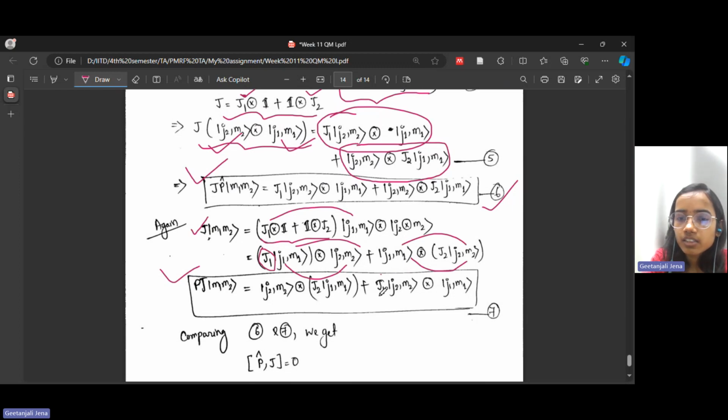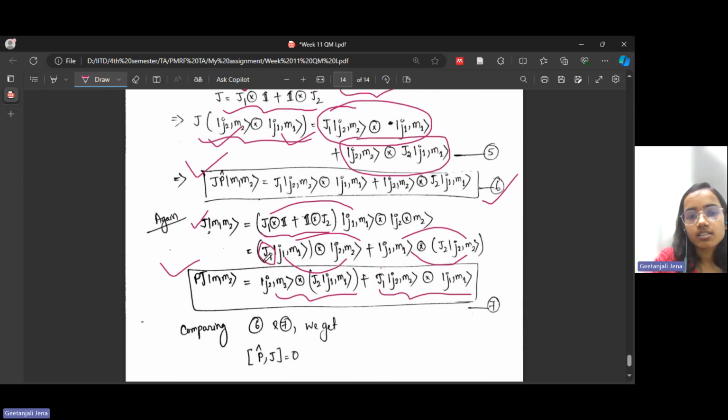So you will get J1 M1 with J2 M2 tensor J1 M1, and the second one you will get is J2 M2 tensor J2 J1 M1. So this is the expression for PJ acting on M1 M2.